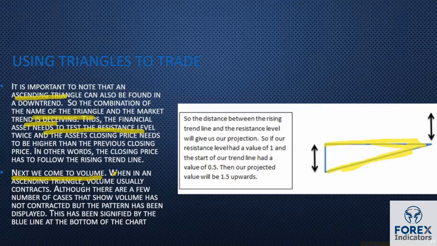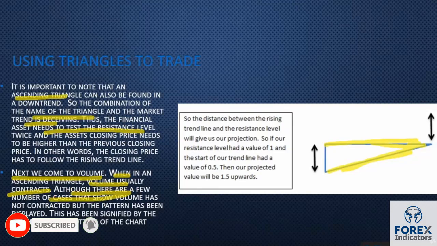Now when we come to volume, in an ascending triangle, volume usually contracts, although there are a few cases that show volume has not contracted. Volume is the number of shares or contracts being traded in a specific time. There's a relationship between the trend and volume.